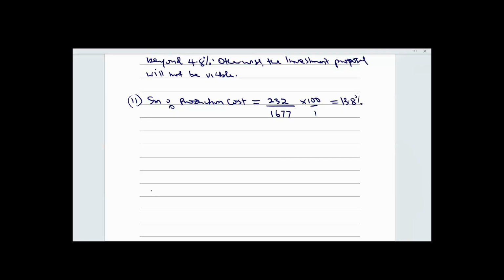So which means that the production cost should not be allowed to increase beyond 13.8%.